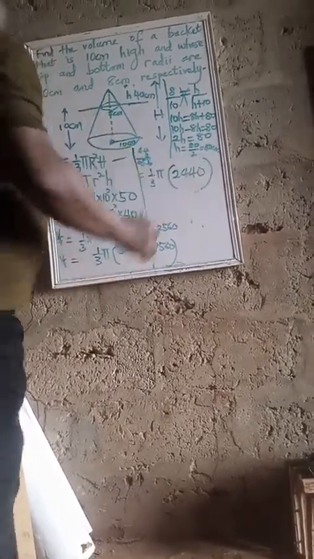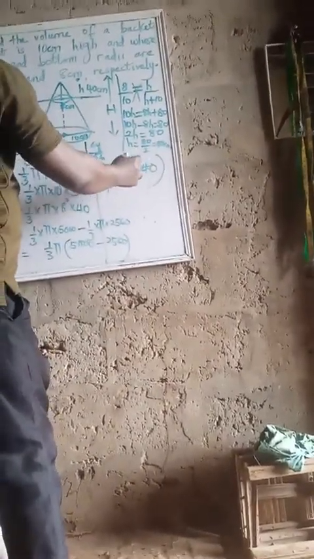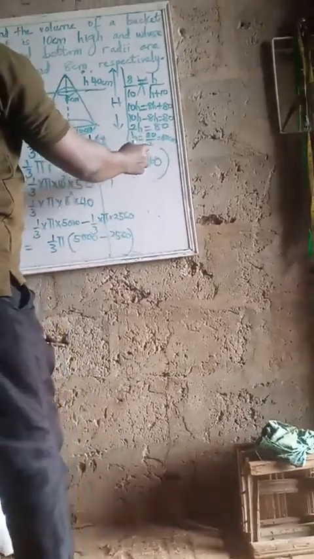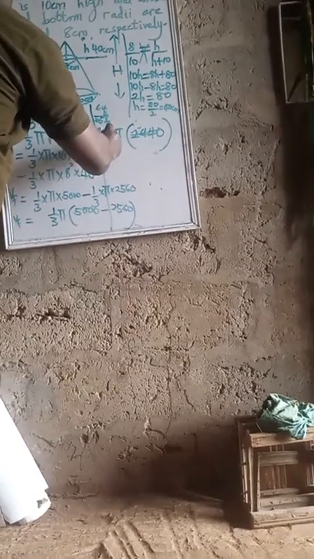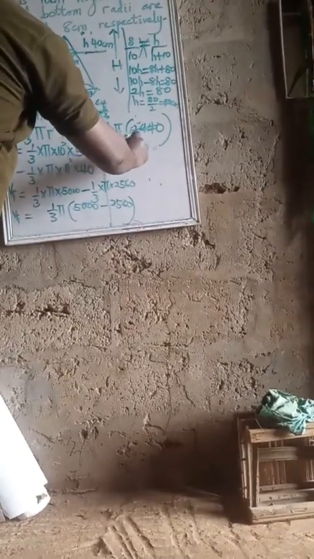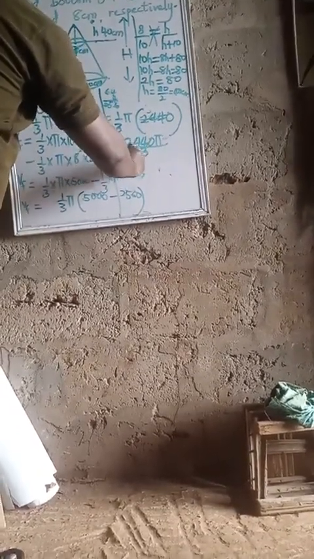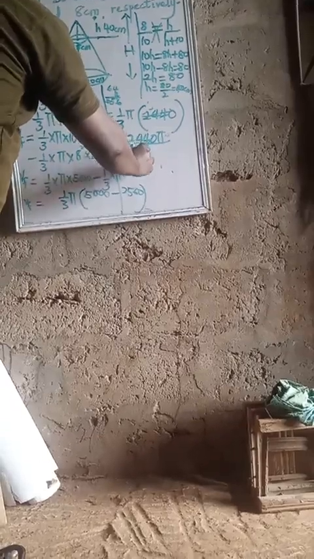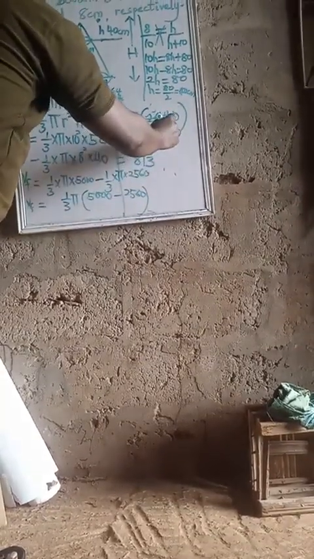So 3 can divide this. 3 in 24, 8. 3 in 4, okay, 3 cannot divide it exactly. Alright, let's go ahead with the division. So this is 2,440 pi all over 3. 3 in 24, 8. 3 in 4, 1, remainder 1. 3 in 10, 3, remainder 1.